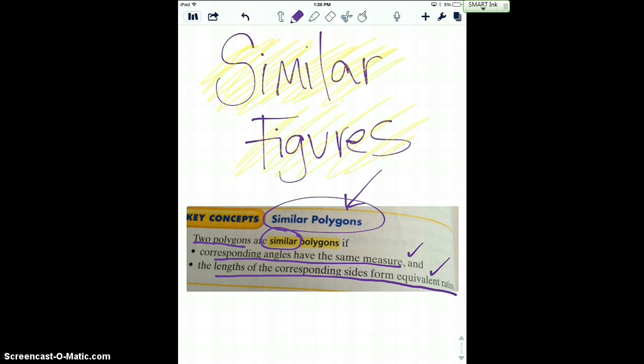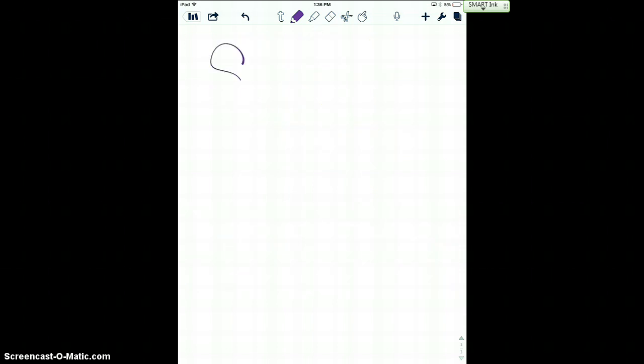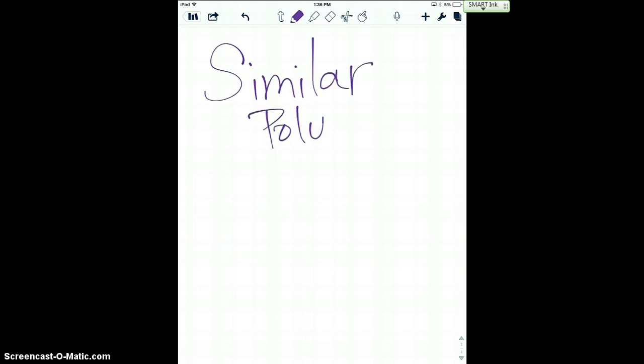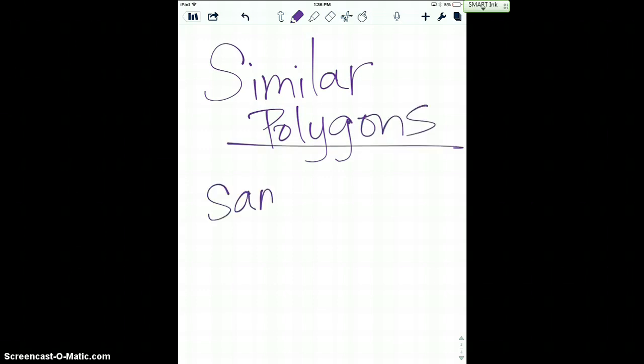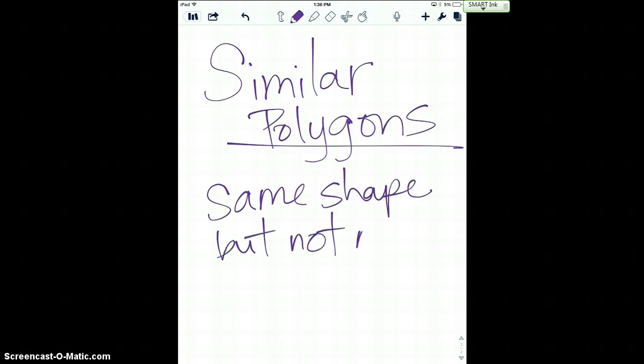So the part to write down here is that if you have similar shapes, similar polygons, they're going to be the same shape, but not necessarily the same size.